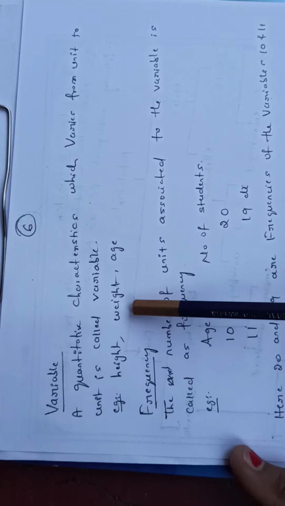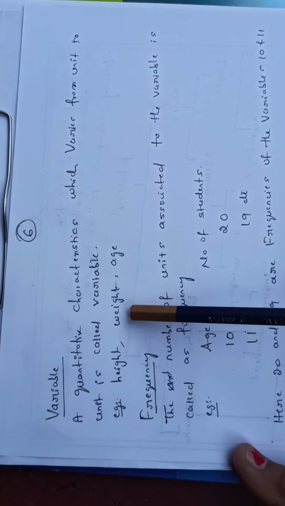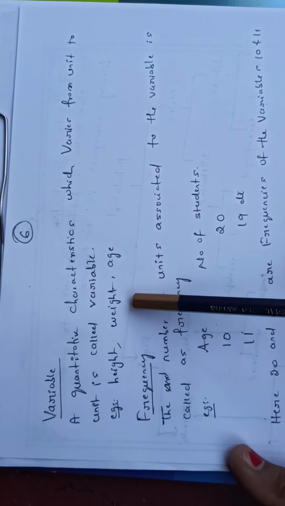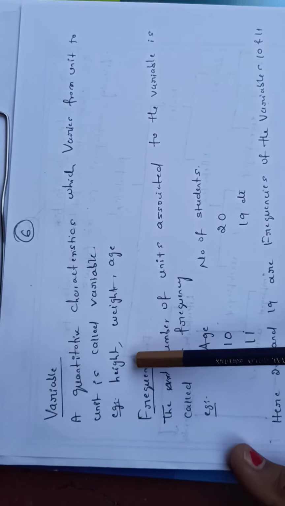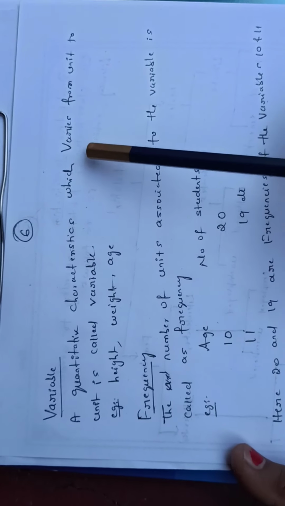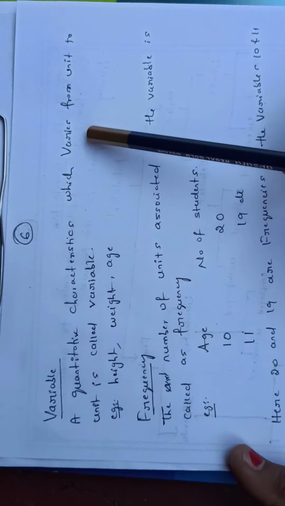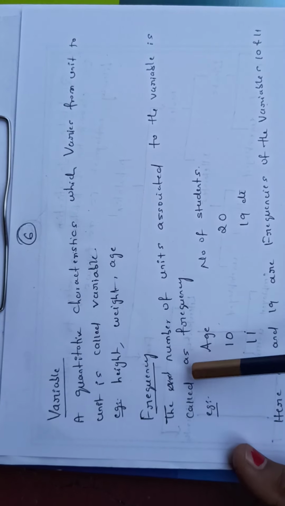Weight we can't say is a constant, because it may vary in one week or one day or something like that. Even age and height are the same way. So a variable must have a characteristic that varies from unit to unit. So next we have frequency.